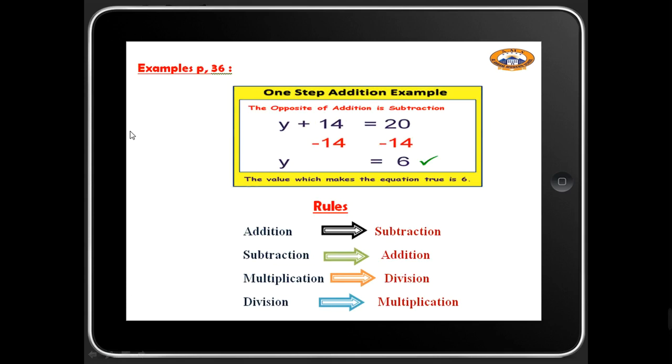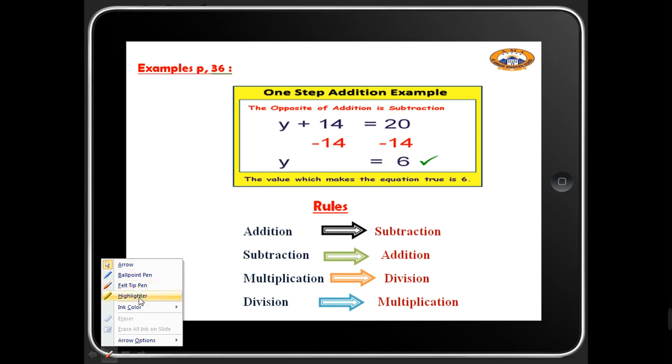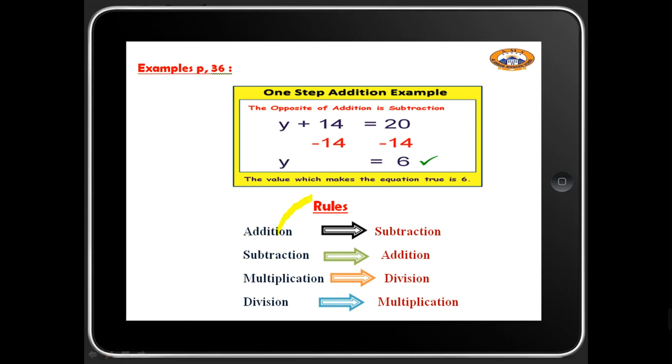Okay, so in your booklet, page 36, how to solve the equation. We have some rules. When you solve the equation, if you have addition on one part of the equation and you move it to the other side, the addition changes into subtraction.